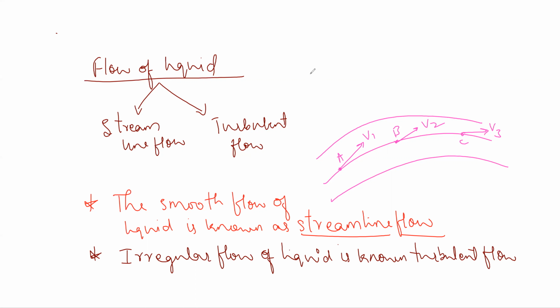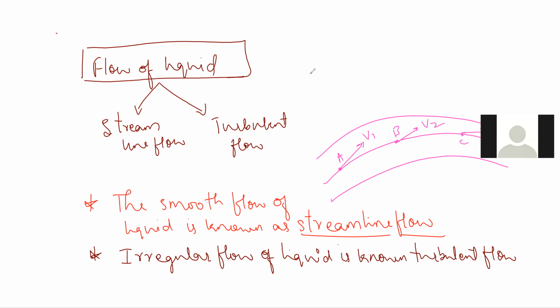For example, the flow of liquid in a dam is an example of turbulent flow. For streamline flow, you can quote the example of calm water in a river. So mainly the flow of liquid is classified into two types, streamline flow and turbulent flow.